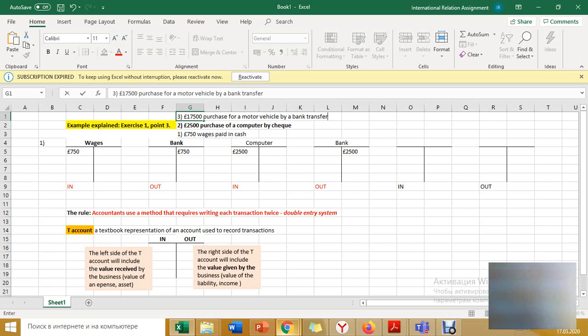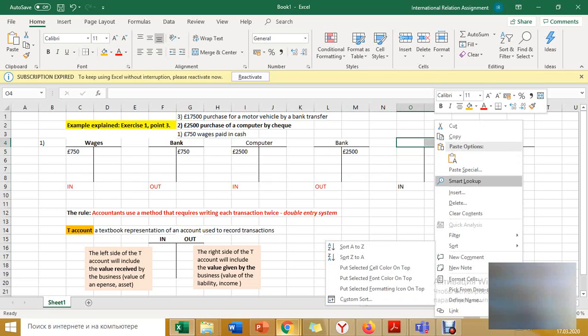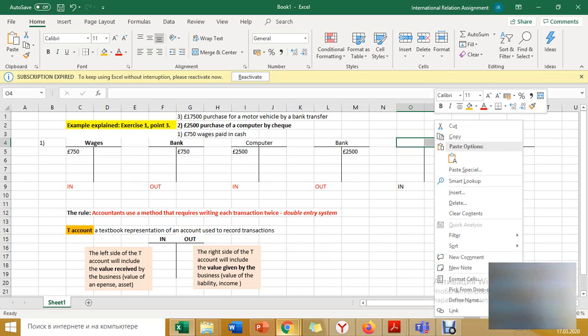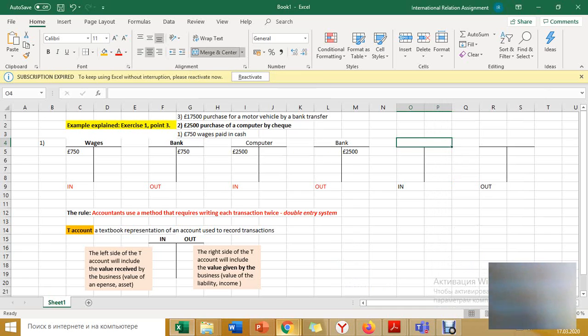Again, we have an account for the motor vehicle, and we have a transaction for the bank, or some transaction where money went out, right?